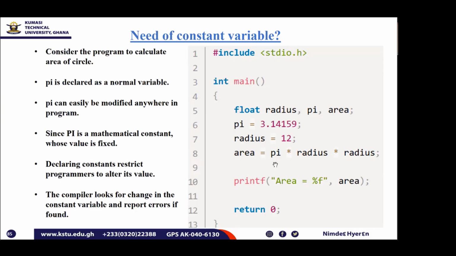Now here, pi is declared as a normal variable. What this means is that the value of pi can be modified anywhere within the program, but pi is a mathematical constant. And so declaring constants restricts the value from being altered.